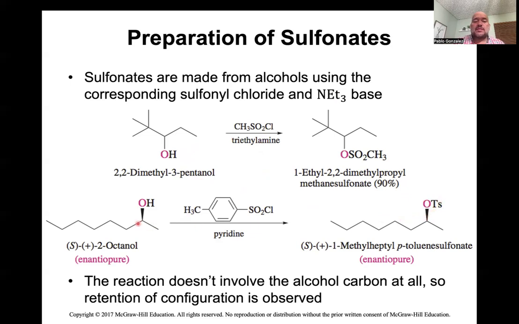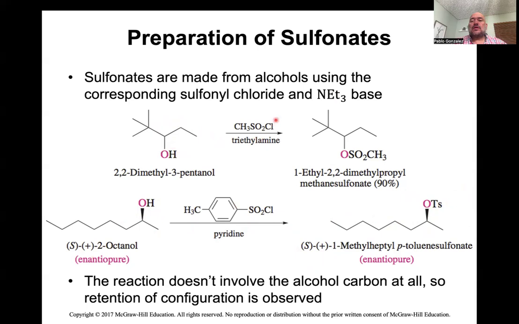This still has the same configuration, the S here, because we haven't done a substitution of the OH. We are just modifying the oxygen from OH to OTs. That's why you keep that configuration, because the reaction is not at the carbon, it is at the oxygen of the alcohol. So that's why you have retention.